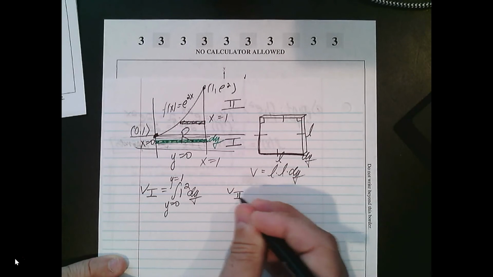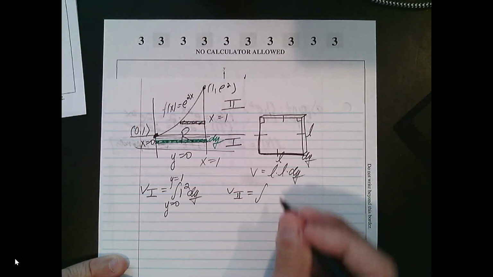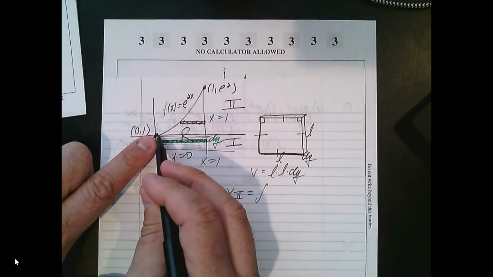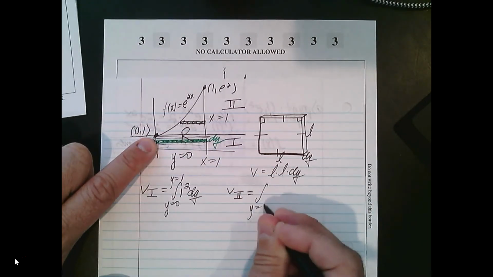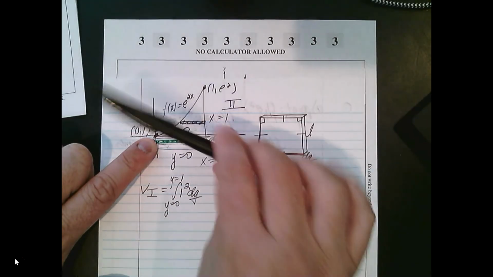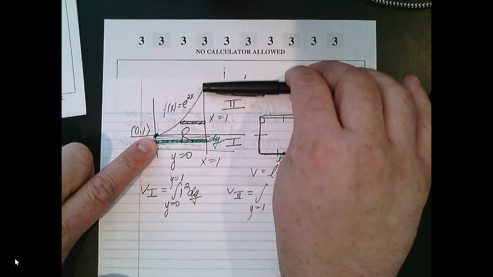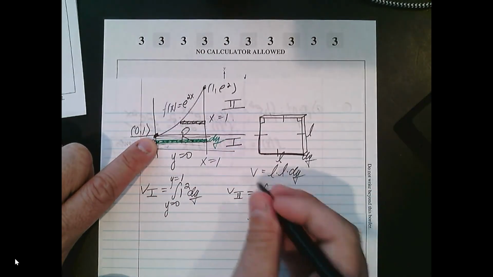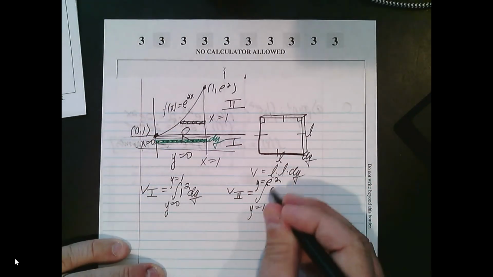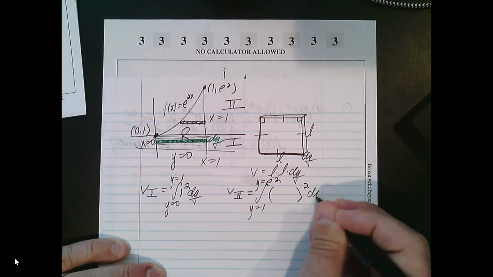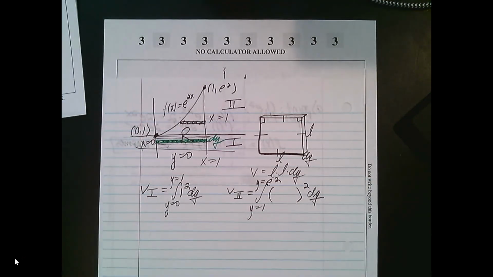The volume for region 2, where do I start region 2? That's going to start here at the point 0, 1, so that's a y value of 1. And we run all the way up until we hit this point 1, e squared. That's going to be y equals e squared. And it's going to be the length squared with respect to y.